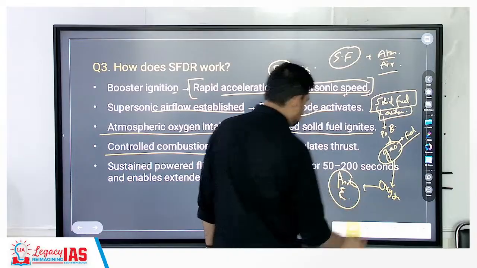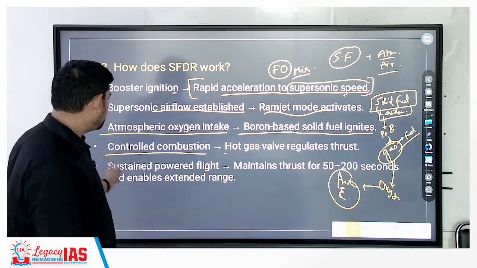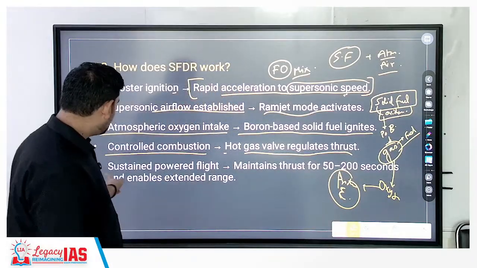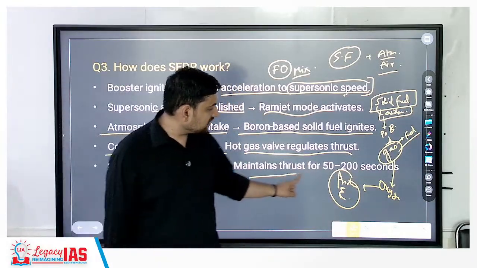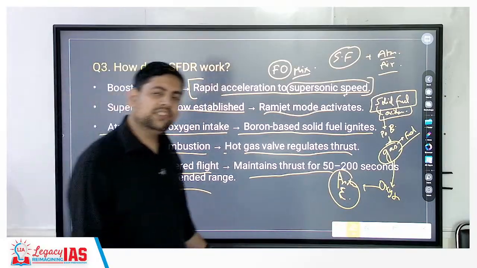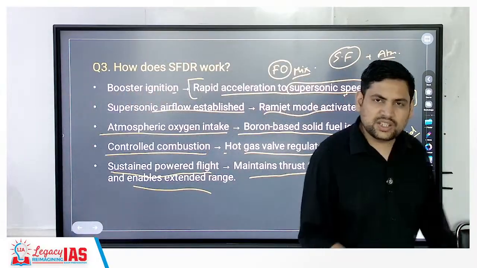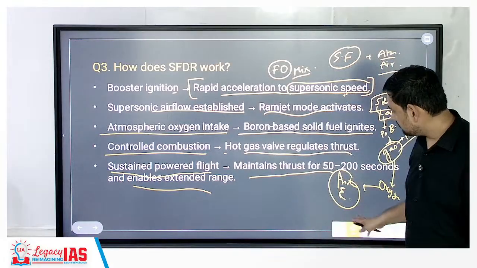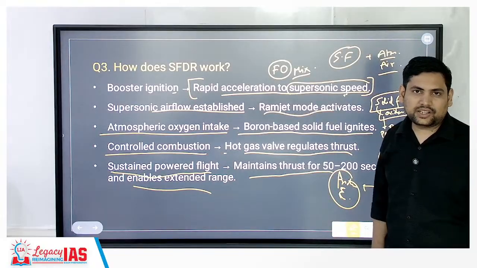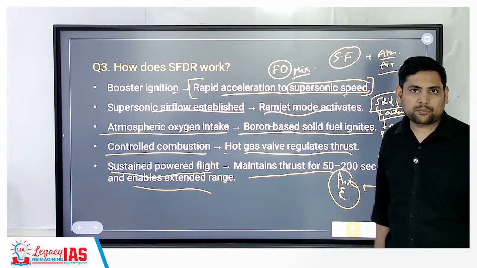This is how the system works. Understood? So with controlled combustion, a hot gas valve regulates thrust so as to sustain powered flight and maintains thrust for these many seconds, which enables extended range. It gives you extended range because the efficiency is much higher, and it maintains a similar speed throughout its flight, that is 2.8 to 3 Mach.